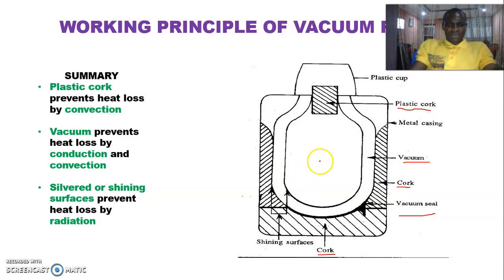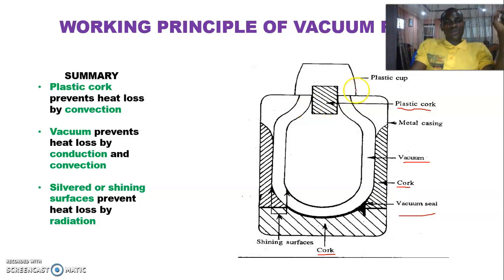Therefore, any heat trying to get out of this vacuum flask, the silvered or shining surface helps in bouncing it back into the fluid body, and therefore we can say the shining surfaces help in preventing heat loss by radiation.